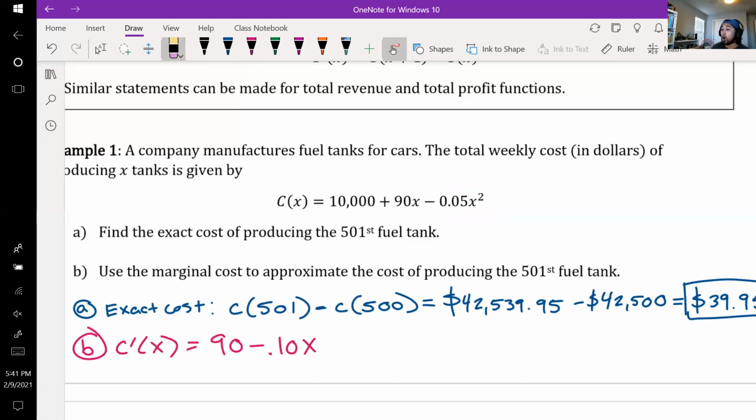And now all we have to do is plug in 501. C prime of 501. I'll just use the calculator I have next to me. That's faster. And 90 minus 0.10 times 501, 39.9.